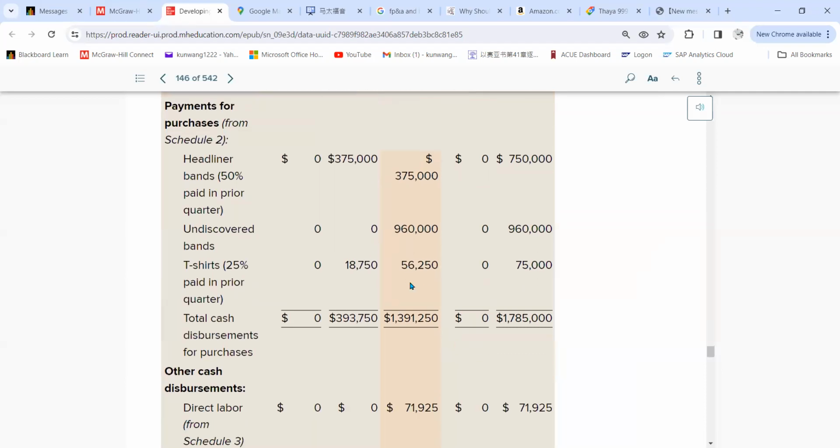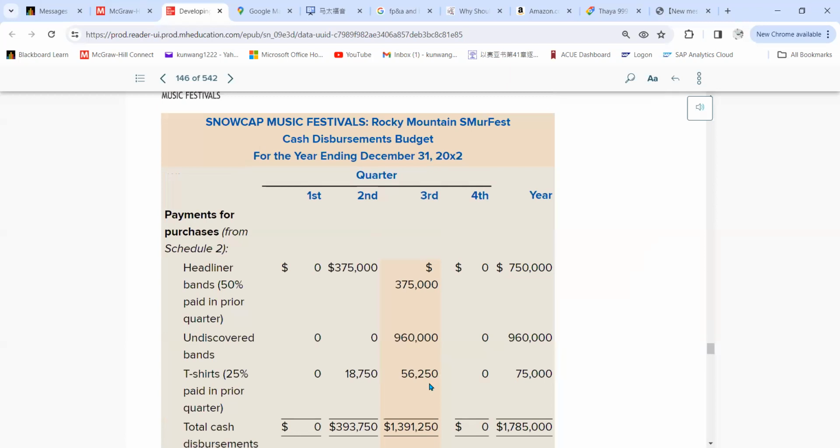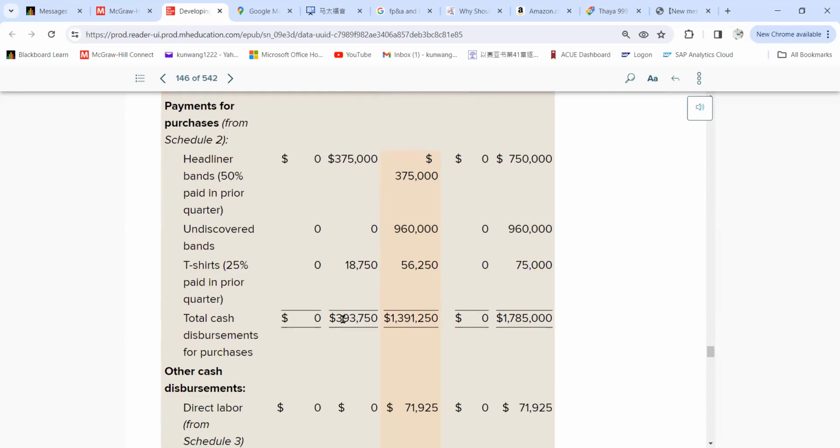And then the t-shirts we pay as a down payment in the second quarter, and the rest in the third quarter when the t-shirts were delivered to the event. So that's related to your purchase: the music band headliners, secondary, and your t-shirt purchase. Those are coming from your purchase budget.